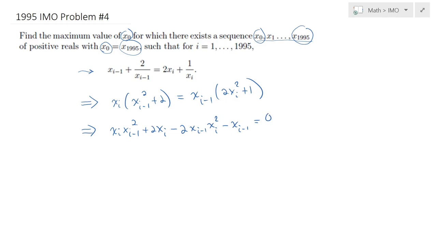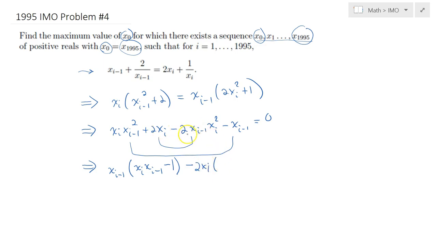Then I will bundle terms together. I will bundle this one and this one, and then these two together. So from these two I would get x sub i minus 1 times x sub i minus 1 minus 1. And then here, let's factor out minus 2x sub i.